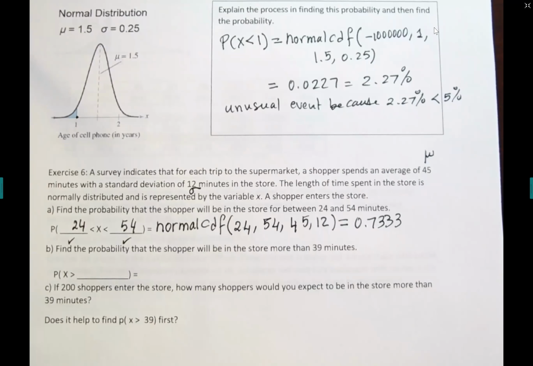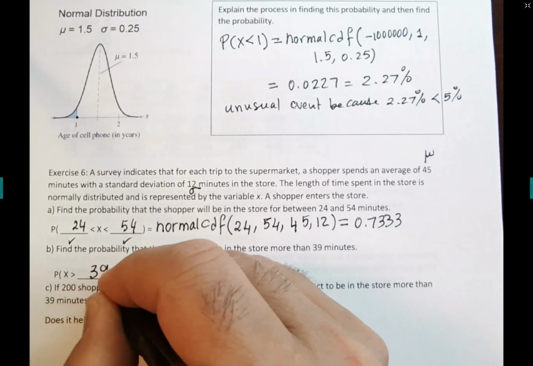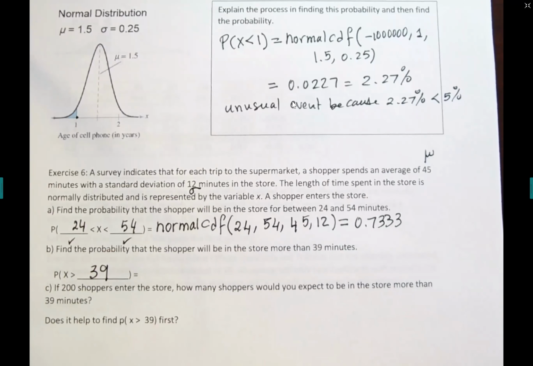Okay, part B. Find the probability that the shopper will be in the store more than 39 minutes. So you guys agree with me that this is how you start, more than 39, you put 39 here.